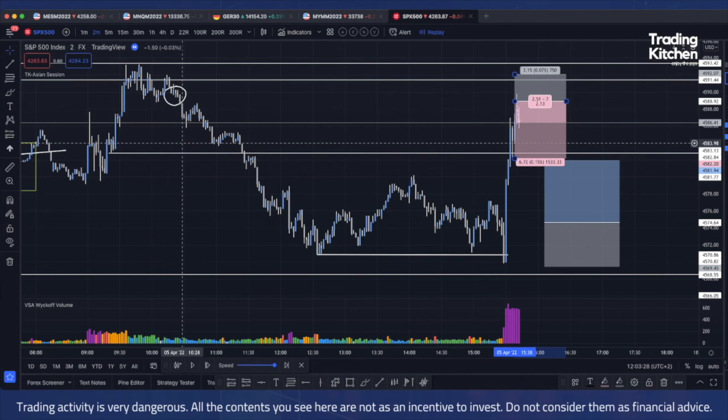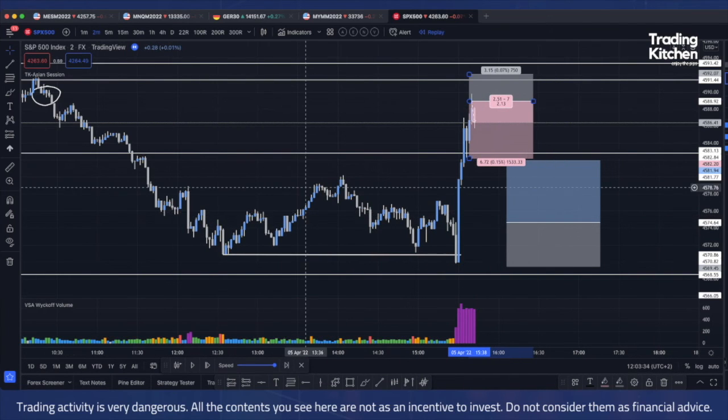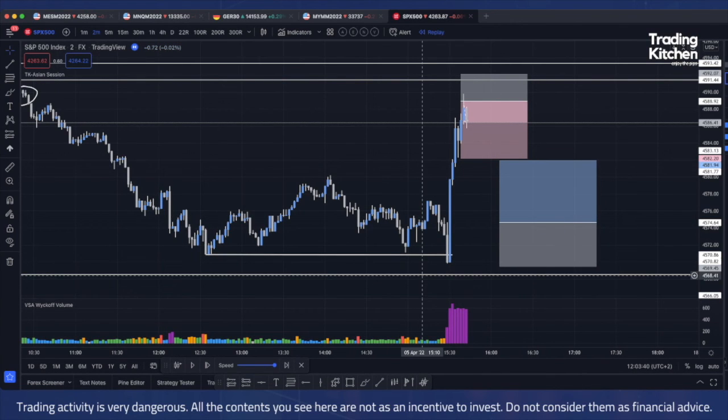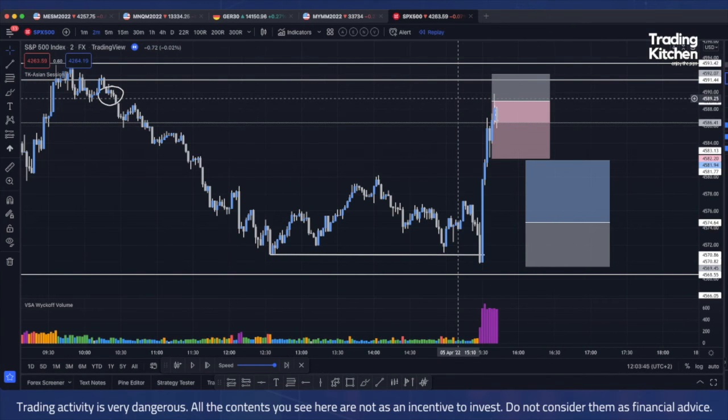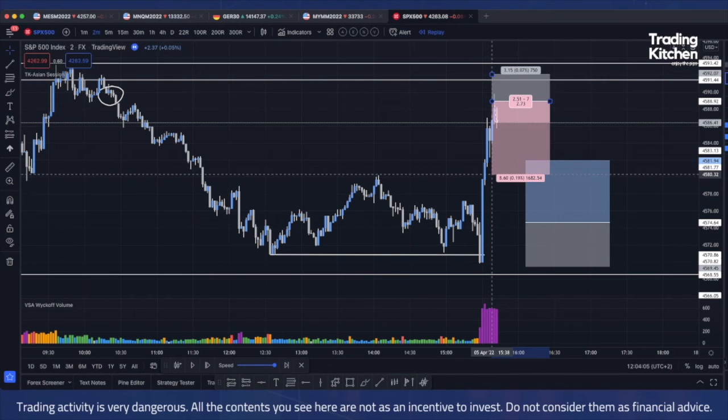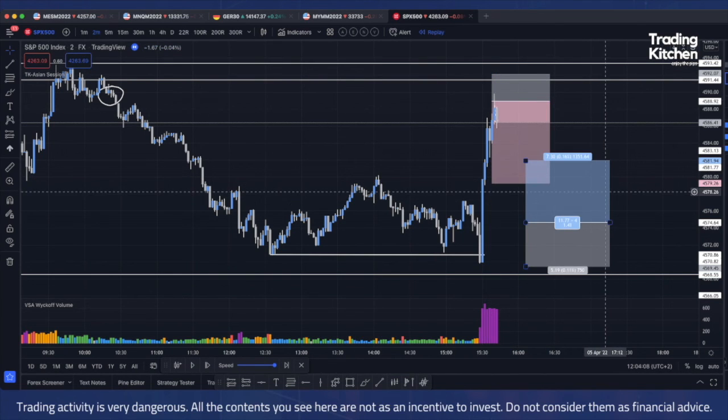Okay, it's not being touched again after the impulse. I probably placed that order, but to be honest, when you see this strong movement, this strong impulse, entering the market after the strong impulse is like trying to catch a falling knife. So yeah, it's just a bit too risky. Okay, but anyway, let's see if this zone is going to work.